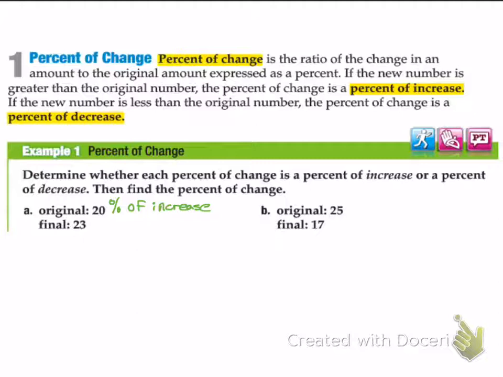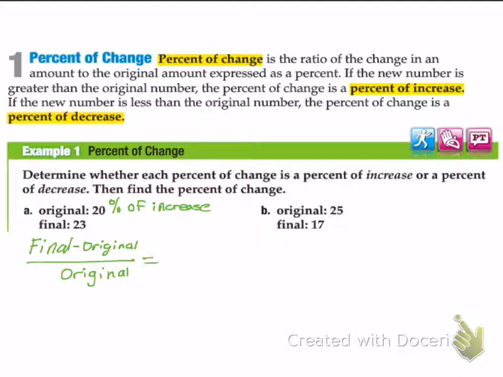In order to figure out the change, you first have the final minus the original. That's the change. So the final minus the original goes in the numerator, over the original.